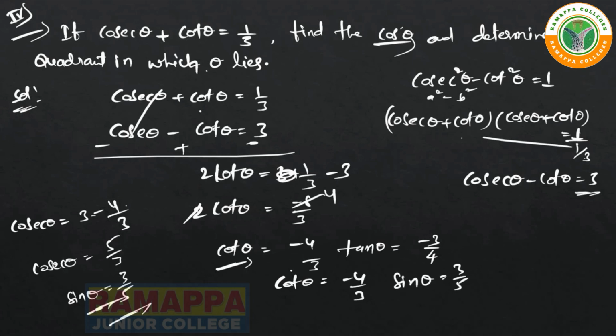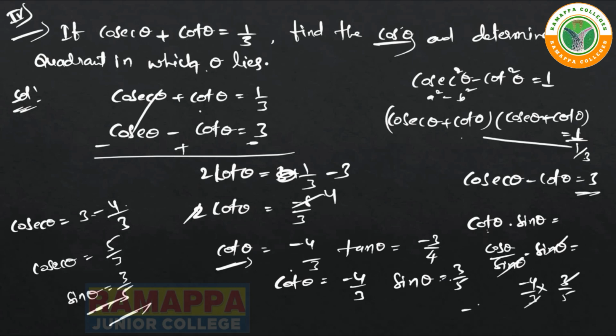I will multiply these two values: cot theta into sin theta is cos theta divided by sin theta into sin theta, which equals cos theta. So 3 by 5 into minus 4 by 3, the 3 gets cancelled, minus 4 by 5 will come. So cos theta is equal to minus 4 by 5. This is the answer.